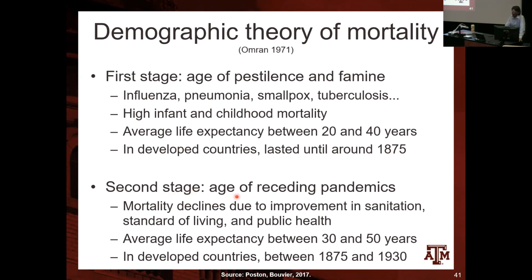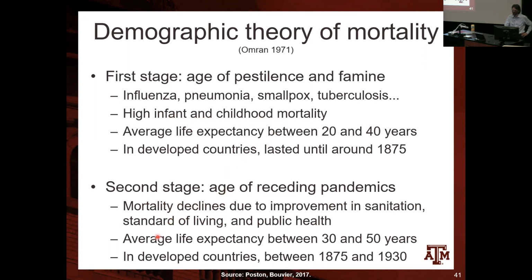In the second stage, you start to see a decline in the pandemics. So mortality declines due to improvement in sanitation, standard of living, and public health. These basic measures, how the society starts to organize and provide service to the population, increase the health outcomes, mostly of infants and children as a whole.